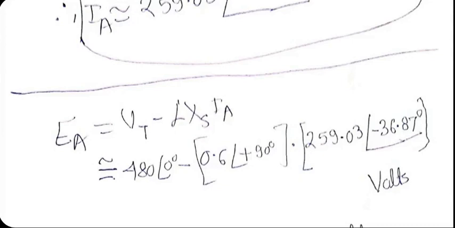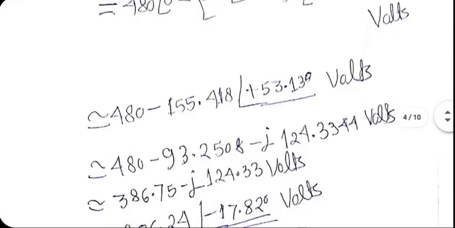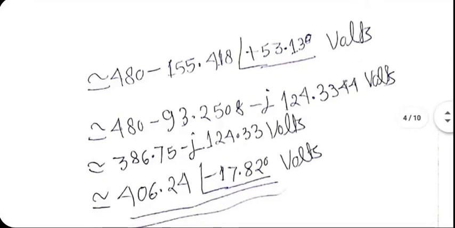When you add or subtract, it is good to have rectangular forms. That's my recommendation. So EA, complex value, done by me in details here, turns out to be, it's all RMS values, by the way, 406.24 volt with an angle of minus 17.82 degrees.